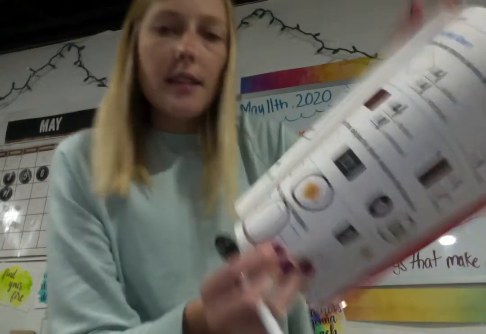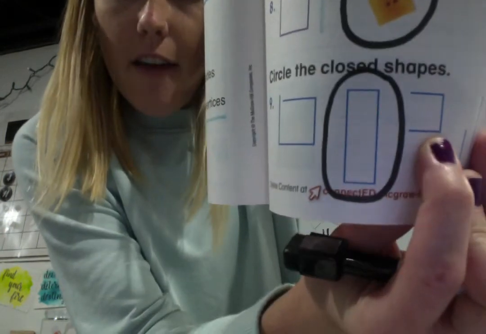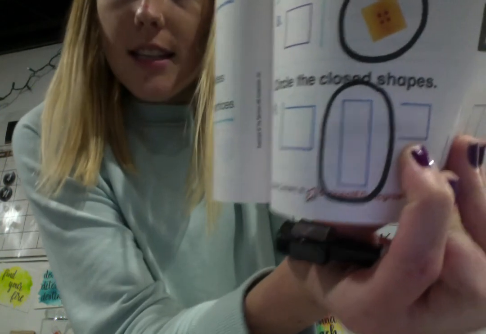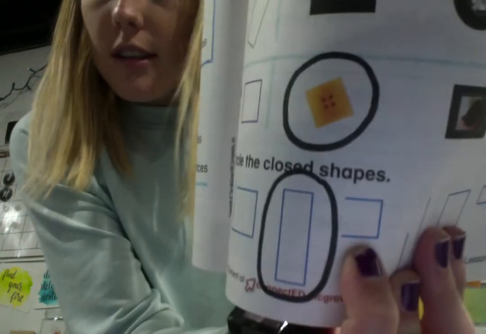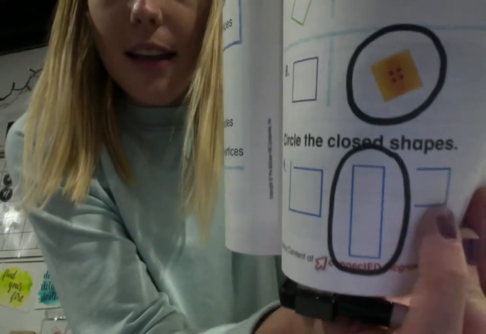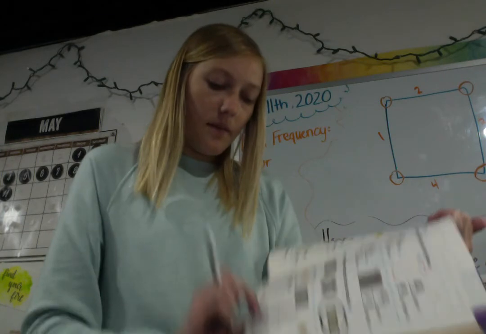What about the one next to it? Does it have 4 sides and 4 vertices? Give me a thumbs up for yes and a thumbs down for no. Good. No, it does not. It's missing a side. That side is wide open. Remember up here they showed the pig walking right in? On that one, the pig could walk in.